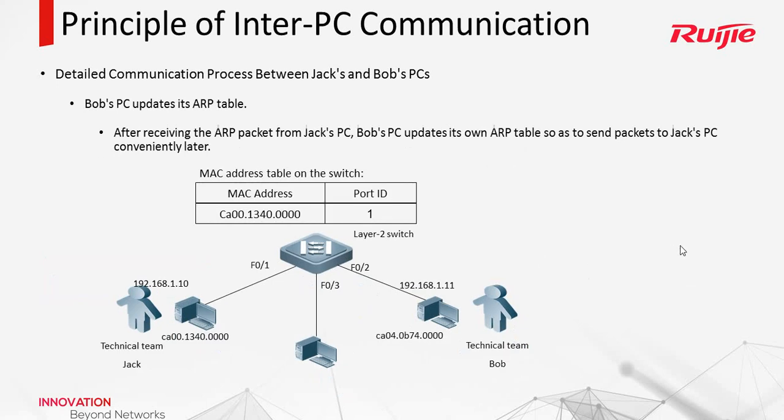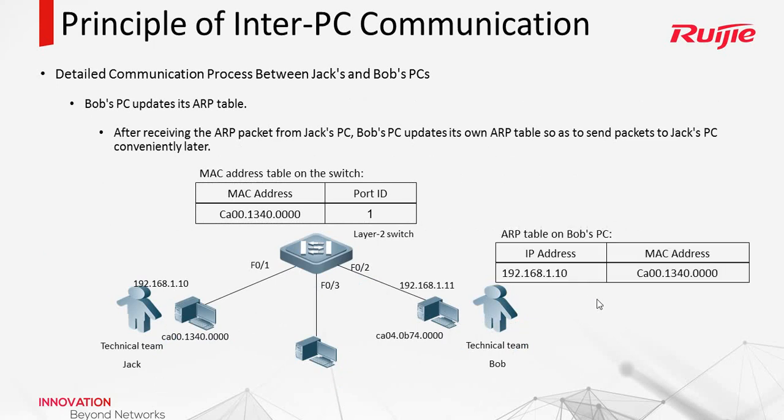After receiving the ARP packet from Jack's PC, only Bob's server will reply, because the destination IP is Bob's server. Before Bob's server replies, it will also record the IP address and the MAC address.